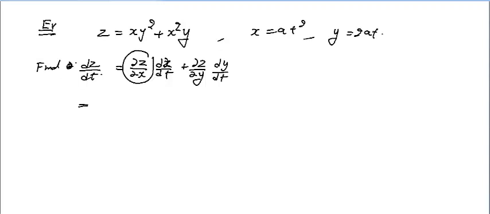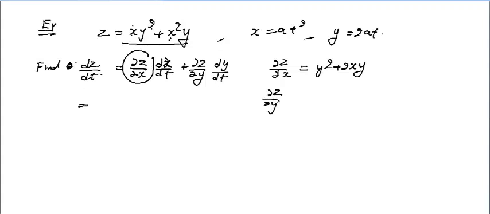You can find this separately. When you find the derivative with respect to x, x is the variable, y will be constant. So you have y squared plus 2xy, because y will be constant, the derivative of x squared is 2x, y squared will be constant, the derivative of x is 1.